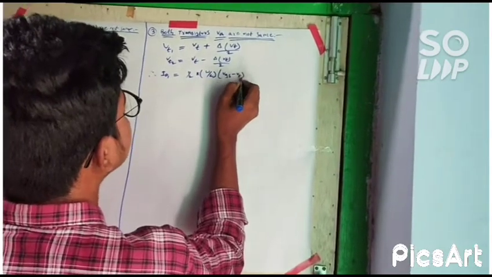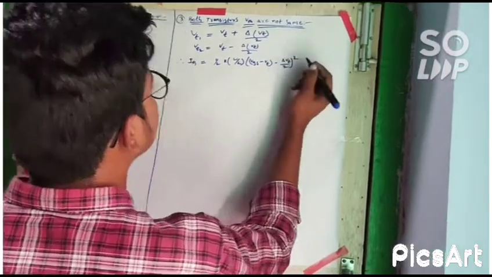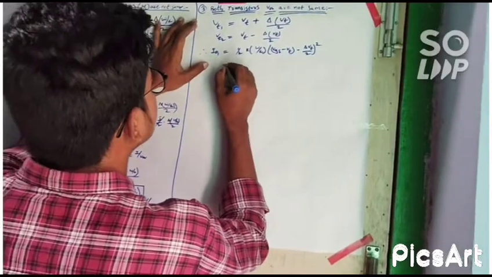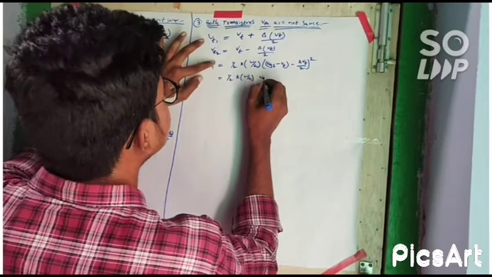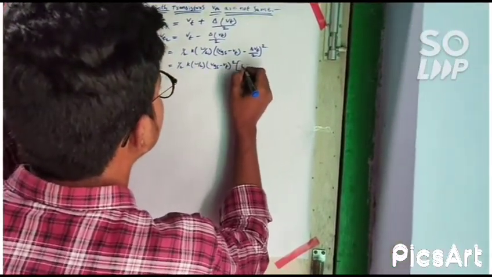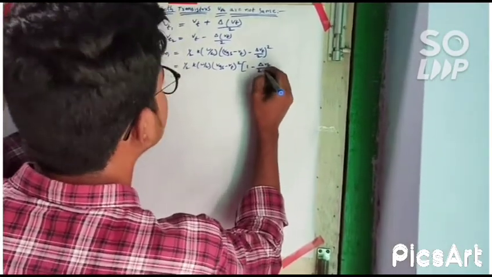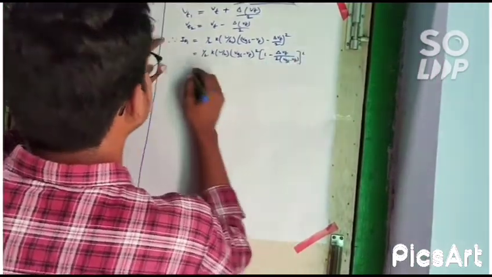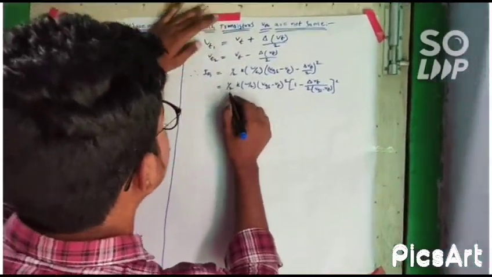Now the third case is both transistors' VTH, that is threshold voltages, are not same. In this case, VT1 is equal to VT plus delta VT by 2, and VT2 is equal to VT minus delta VT by 2. Due to these changes, the drain current also changes. Therefore, ID1 and ID2 also change.